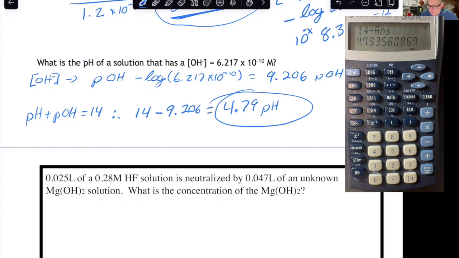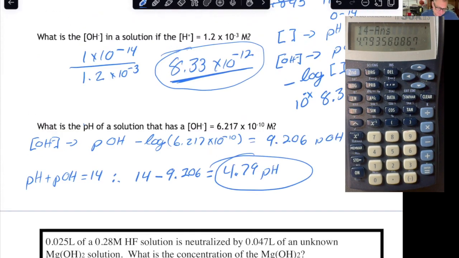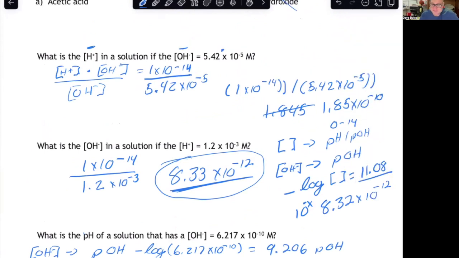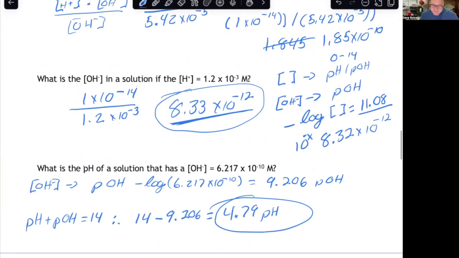So pH to pOH is pretty easy. One plus the other is equal to 14. Again, going from concentration to concentration is just 1 times 10 to the negative 14 divided by the concentration you do have. To go from concentration to pH or pOH, you're going to use the negative log of the concentration.